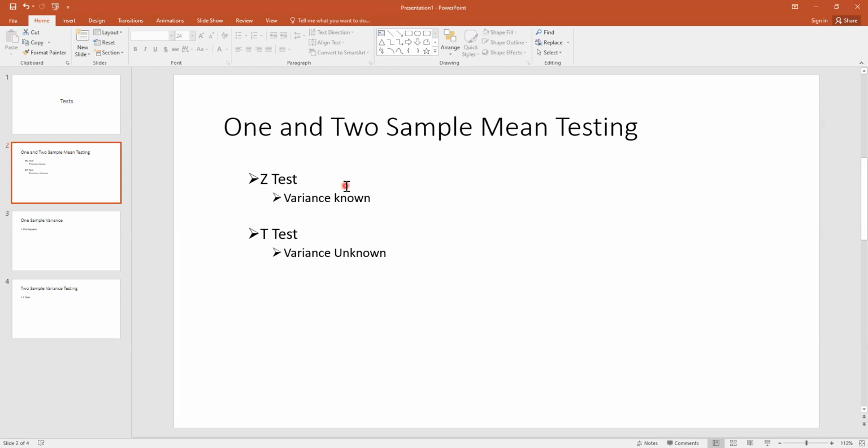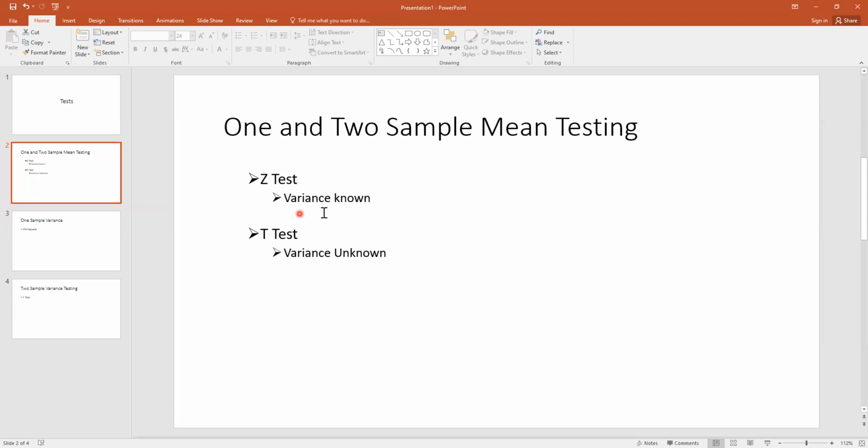There is slightly a difference between these two tests, and that is the variance. Whenever the population variance or the population standard deviation is known, we choose the z-test. So the z-test is applicable only whenever we have population variance information.